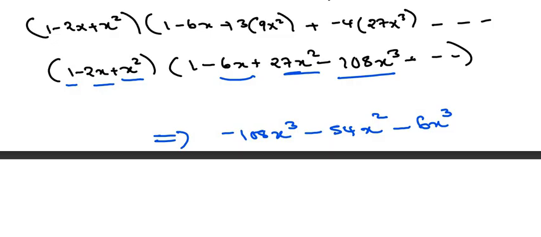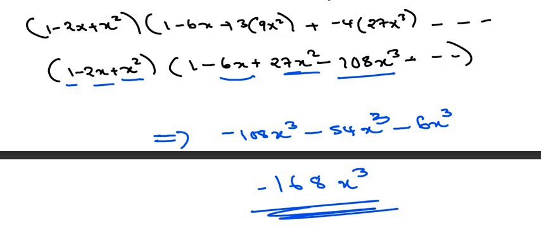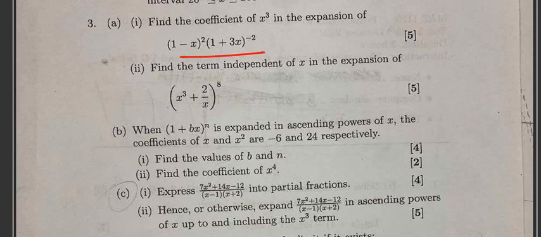So we want 108 plus 108 plus 54, then plus 6. That should be giving us what? 168 x to the power 3. So this is going to be the coefficient. Negative 168 would have been the coefficient of x to the power 3 in this expansion.